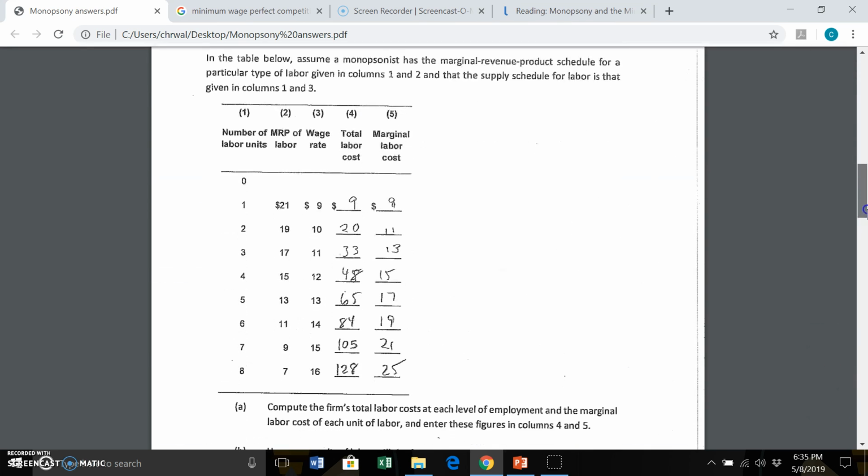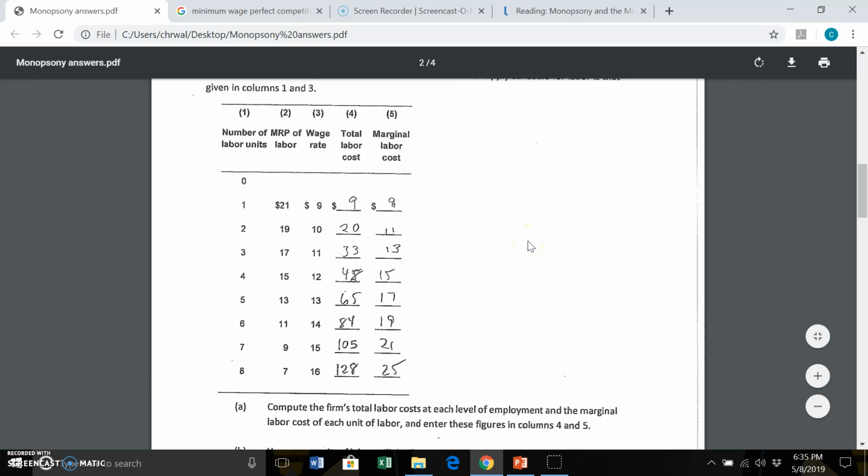Here in this table, assume a monopsonist has the marginal revenue product. So I filled out the chart. You have a couple of things. This is the actual number of labor units, so next worker, next worker, next worker. The MRP of labor, which serves as the demand curve. In this case, we have a wage rate. The wage rate is the supply curve, and because we know it's upward sloping, we know that this is going to be a monopsony.